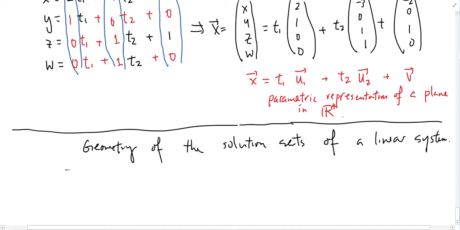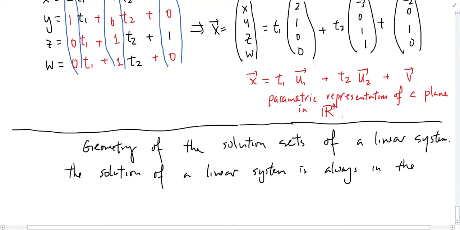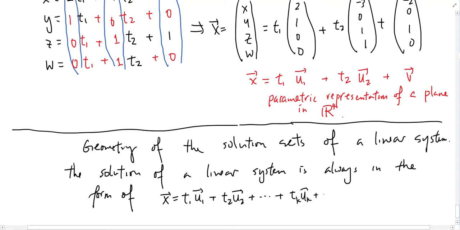The solution set of a linear system is always in the form of vector x equal to T1 vector U1 plus T2 vector U2 plus dot dot dot plus T sub k vector U sub k plus vector V.